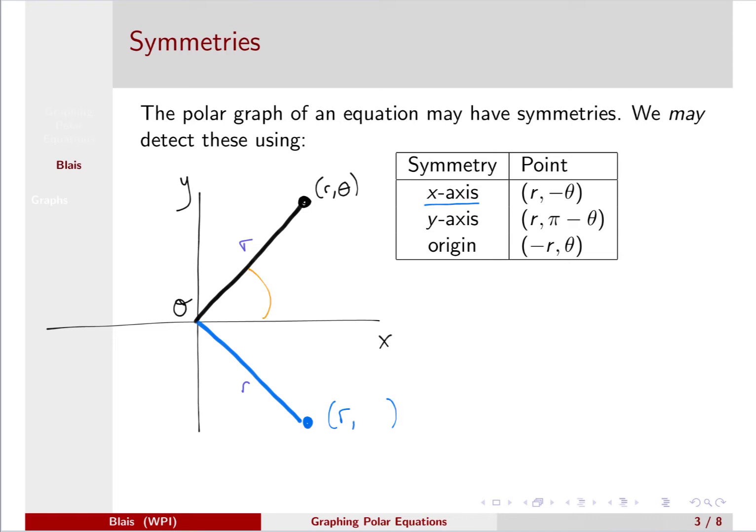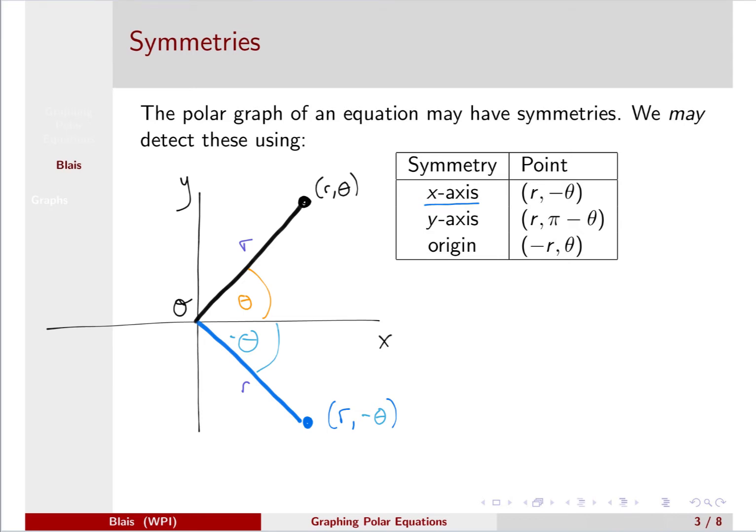So we saw that this was our theta for our original point, but for our new point we can use minus theta. And we saw that if this r, negative theta and r theta both satisfied the polar equation, the graph of that equation was symmetric about the x-axis, which means that anything we draw up here, we reflect down below. And we made similar arguments for y-axis and origin symmetry.